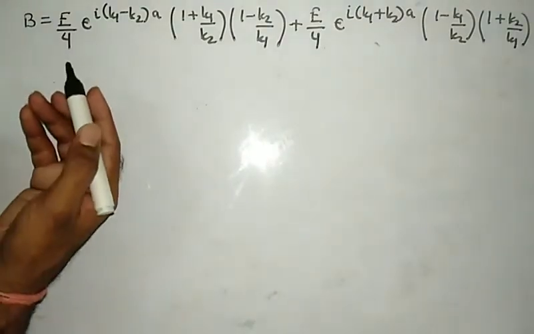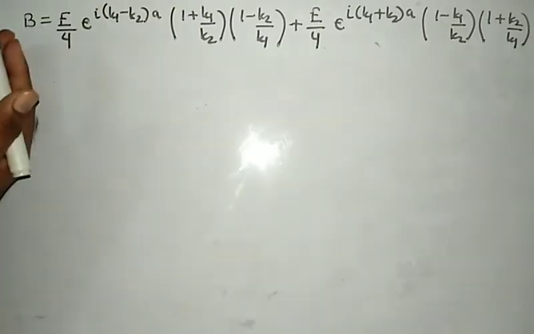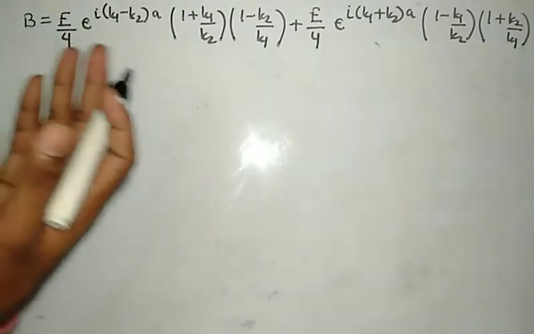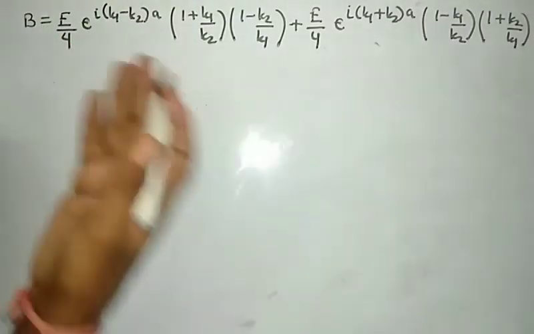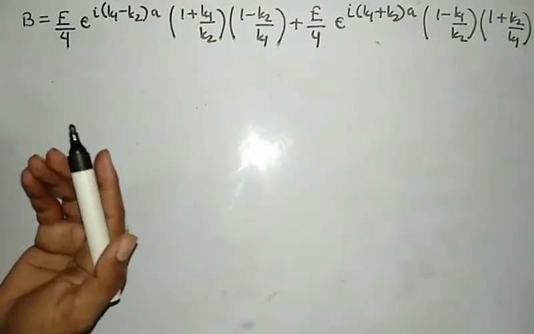We had a value of B in terms of C and D, and C and D in terms of E. We have put in that value and obtained this equation.